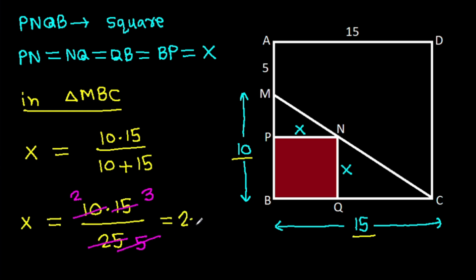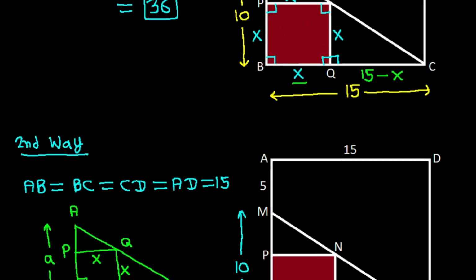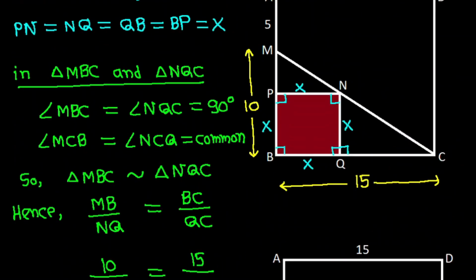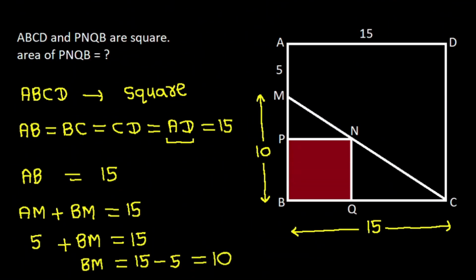So it is 2 times 3, that will be 6. So this area will be x squared, that will be 6 squared, and it is 36. So it is 36.